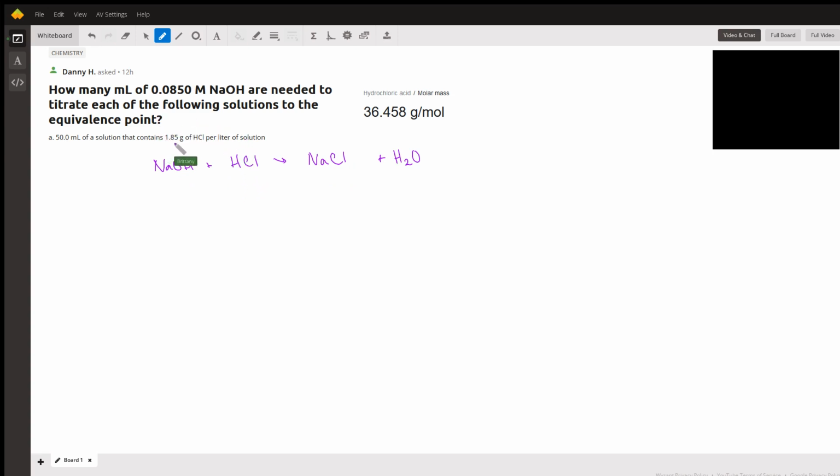So we're given grams of hydrochloric acid per liter of solution, and so when we're converting and looking at equivalence points, we want to make sure that we're in moles. So if we have 1.85 grams, we'll convert that into moles by dividing by the molar mass of HCl.